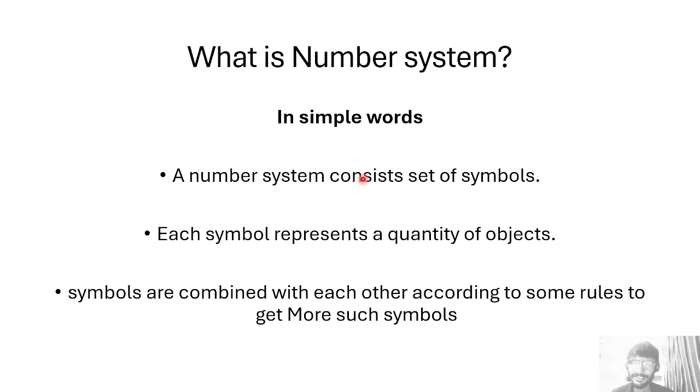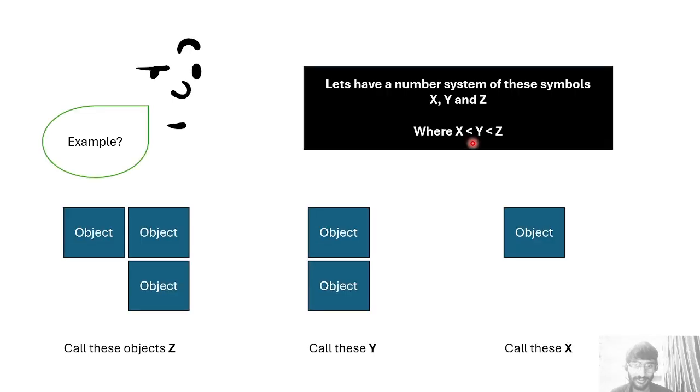So a number system consists of a set of symbols that we already know. For example, the decimal number system has symbols going from 0 to 9, and you can combine them in a way to represent quantity, and that's what works.